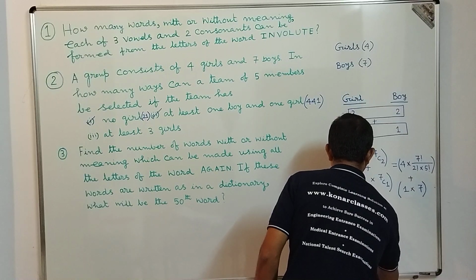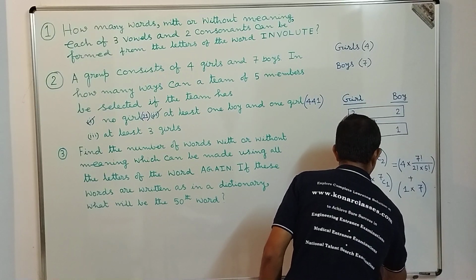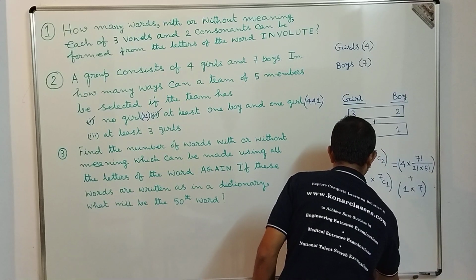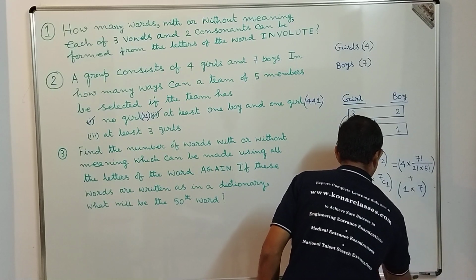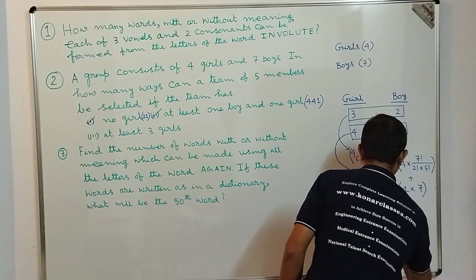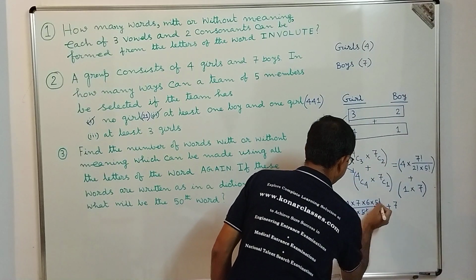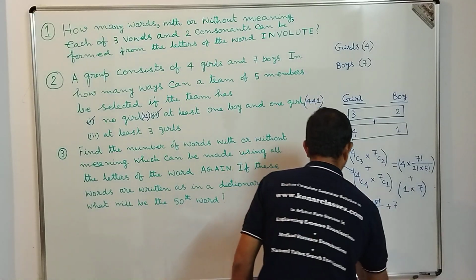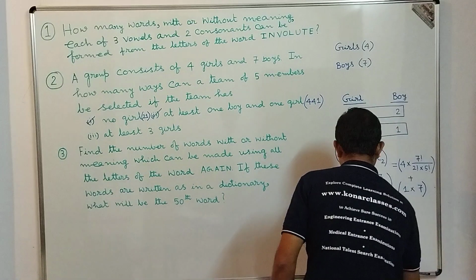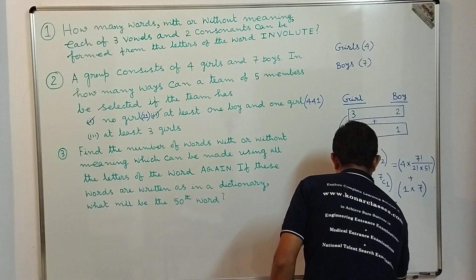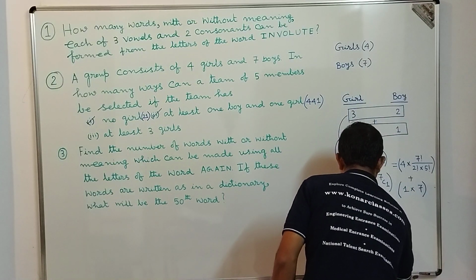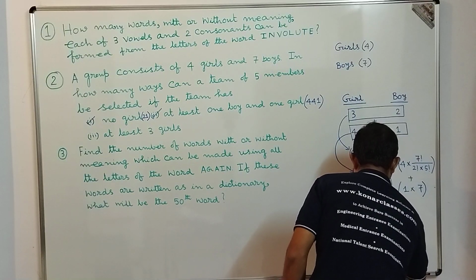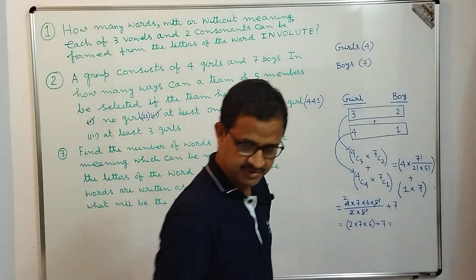7 into 6 into 5 factorial divided by 2 factorial into 5 factorial, plus 7. 5 factorial got cancelled, and 2 and 4 get cancelled. So what we are going to get is 2 into 7 into 6, plus 7, and I am just writing the value here, dear students.